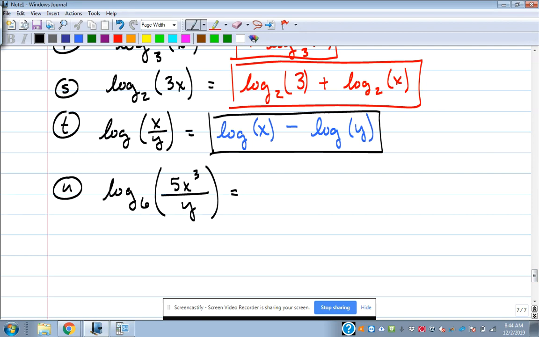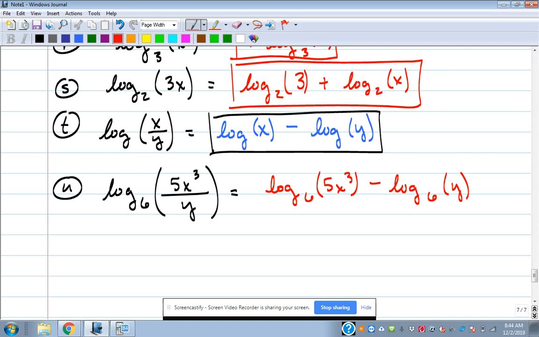That big division problem in there. So I'm going to undo that first with what? Quotient property, which turns it into subtraction, right? So I've got log base 6 of 5x cubed minus log base 6 of y. Okay. Numerator is always first. Top part of the fraction is always first. Bottom part of the fraction is always what's subtracted.